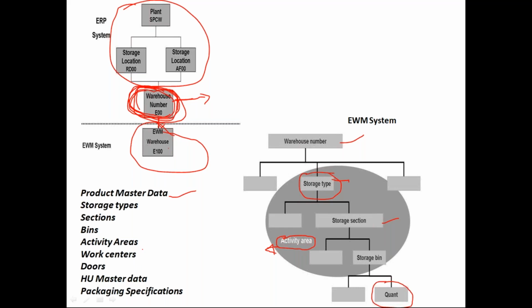For example, in one activity area, I don't want the system to execute a cycle count or a physical inventory. I want to restrict that, and I can restrict that. In one activity area, I don't want any internal movements to be executed. Only picking and putaway should be executed. That I can control. So likewise, we have many controls which can be achieved with activity areas in EWM.